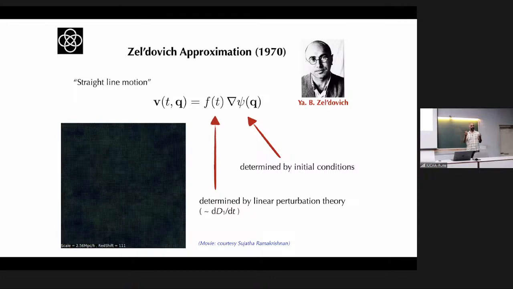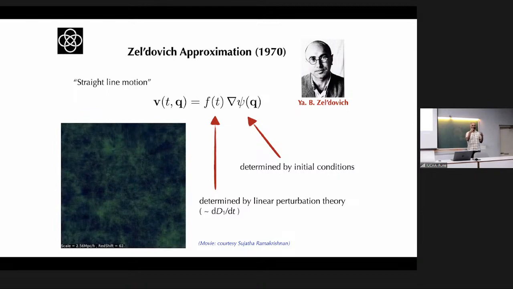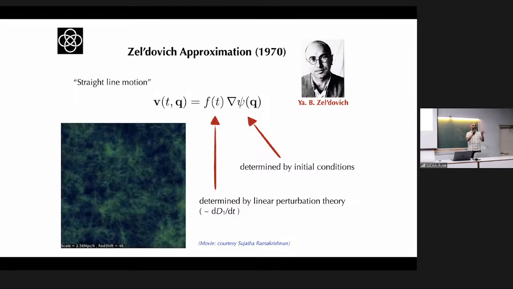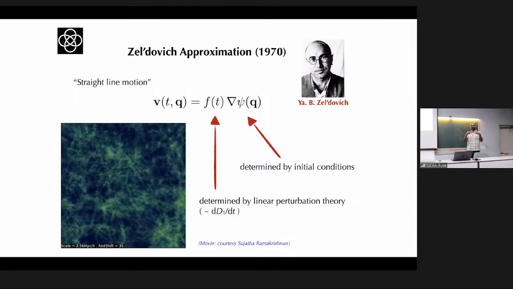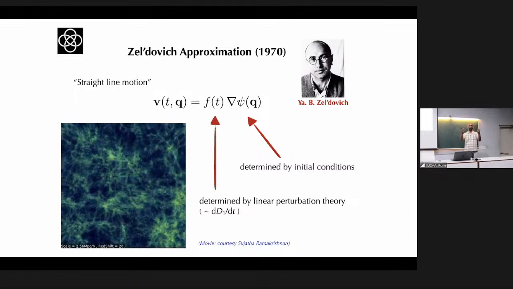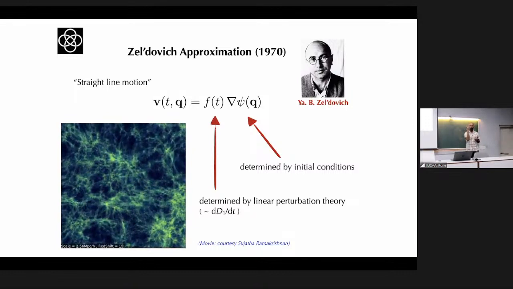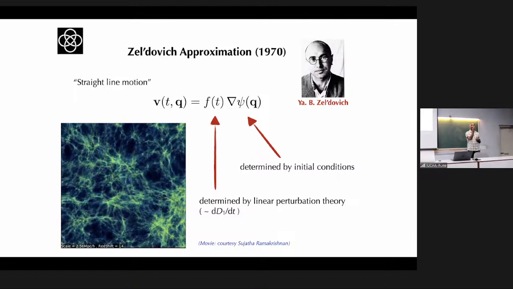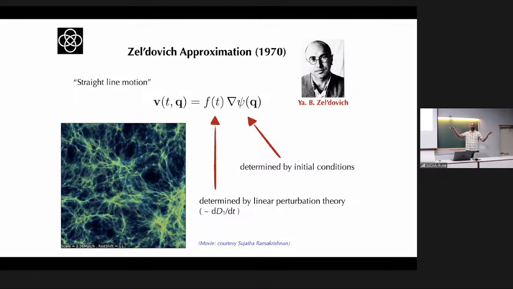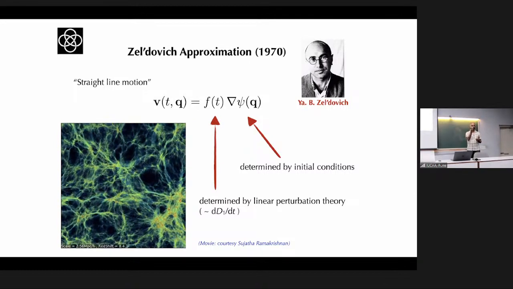Now what Zeldovich said is: let's assume that this field of dark matter has some density fluctuations and velocity fluctuations set up at the initial time. Let's follow a particular fluid parcel in this field of dark matter. That parcel has some mass, a velocity and a position.